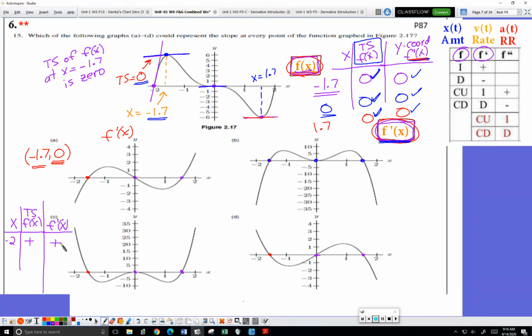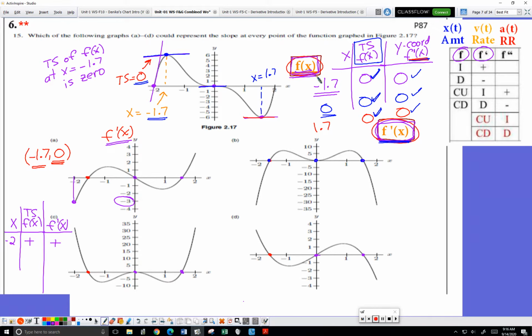So let's see. At x equal negative 2, this y-coordinate is like negative 3. That is completely wrong. These y-coordinates must match the tangent slopes of this graph if this is going to be the correct f prime that goes with this f.